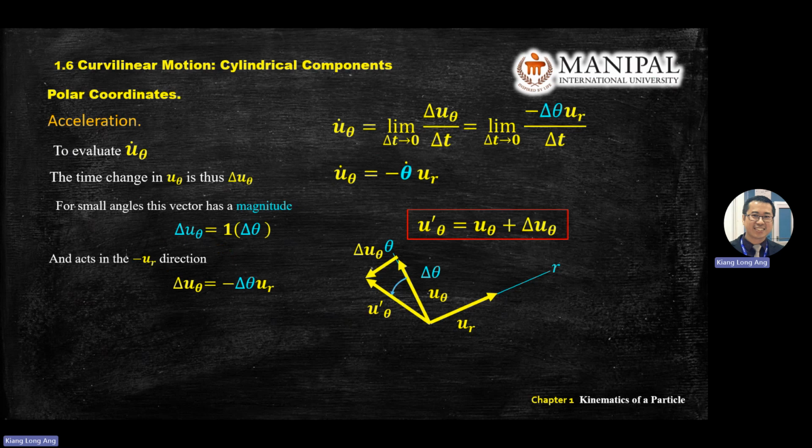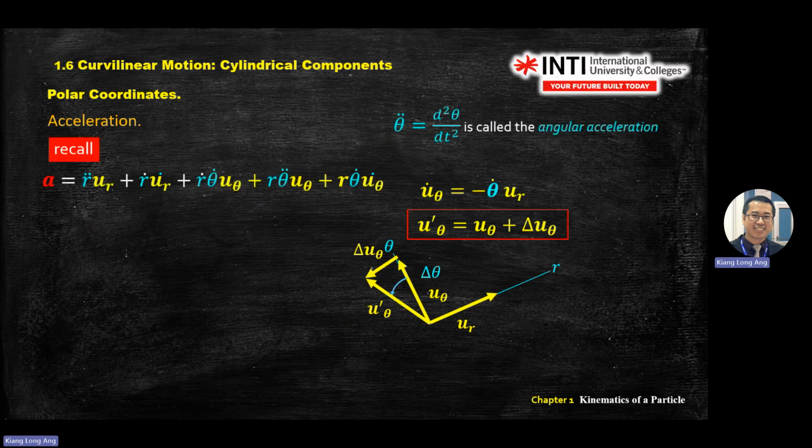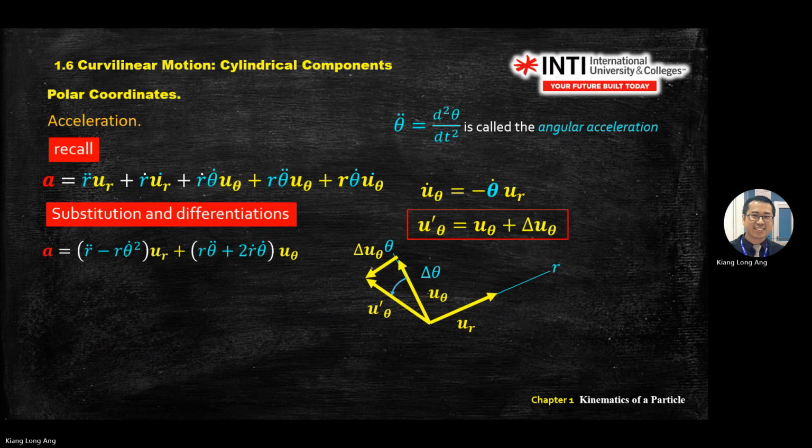But this one I won't ask you in the exam. At the end, you arrive at this important equation. When you talk about acceleration, A equals AR UR plus A theta U theta. Don't confuse the UR and U theta; they just tell you the direction.